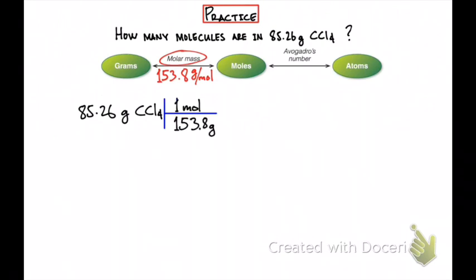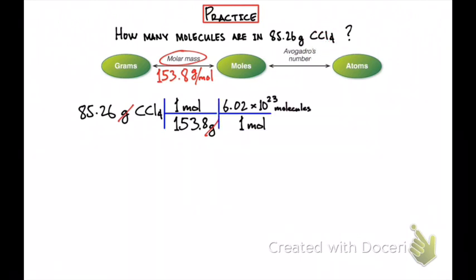using the molar mass. Here you can see the grams canceling out, and then we can add another train track to convert the number of moles to number of molecules.